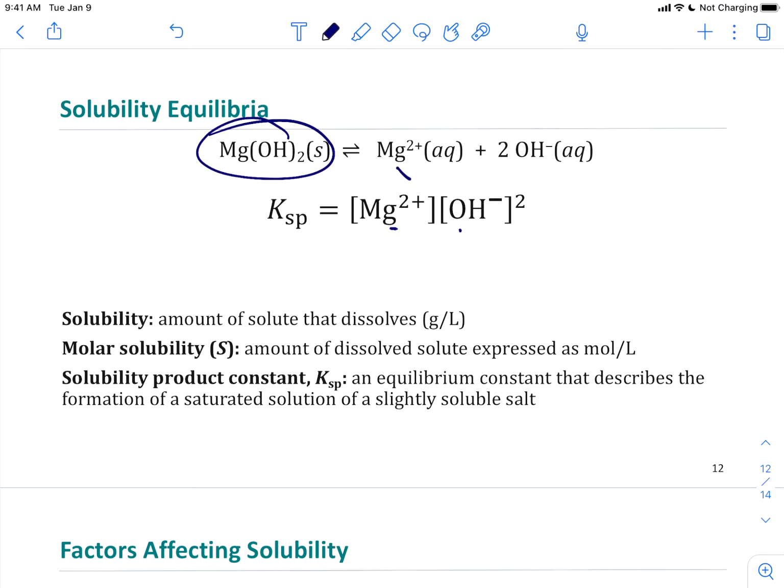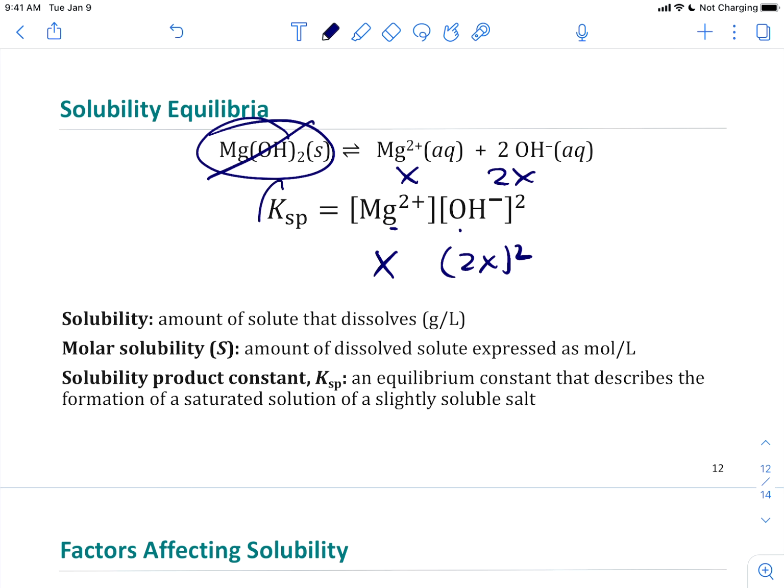The question is, what are the concentrations here? Well, this solid is not going to be included in equilibrium expressions. These are going to be plus x and plus 2x. So at equilibrium, there'll be x and 2x. Then you put them into the expression, and you get x times 2x squared. You solve for x. That will be the solubility.